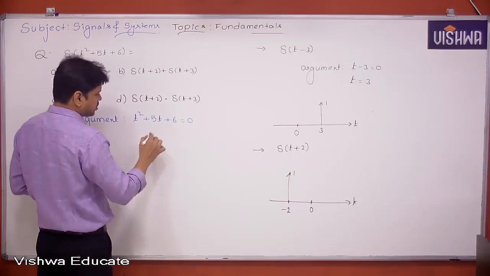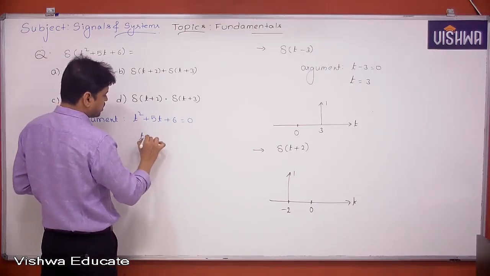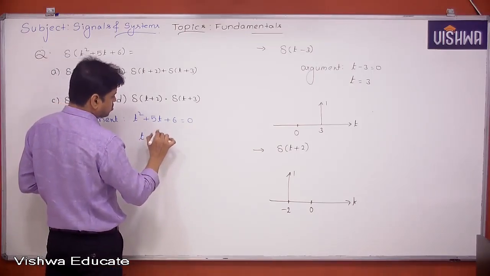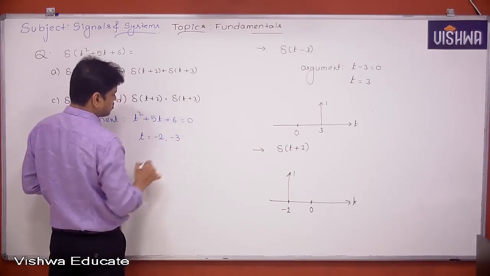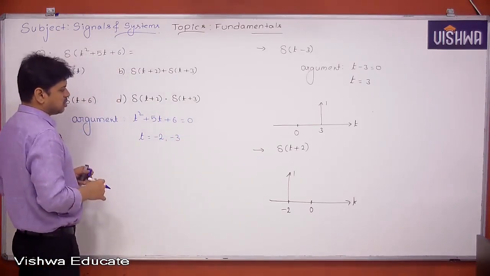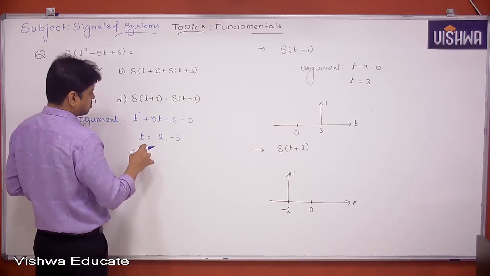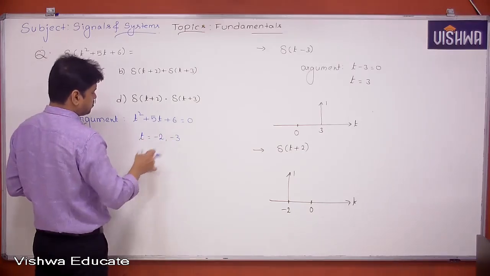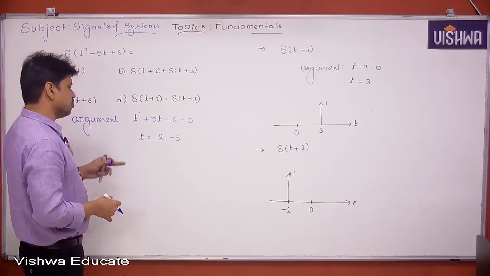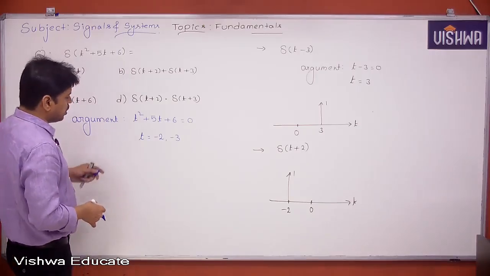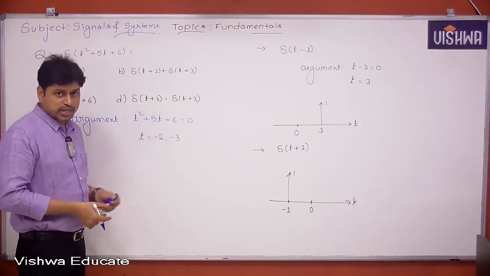If I solve this equation, that is t plus 2 times t plus 3, you get t equal to minus 2 and minus 3. So at these t values, we are going to get an impulse function.